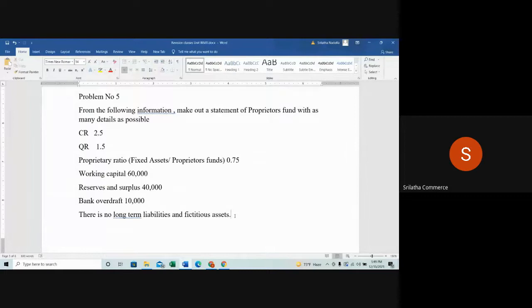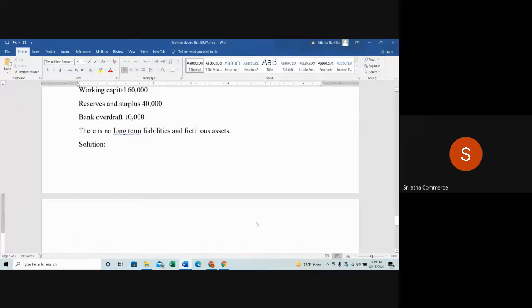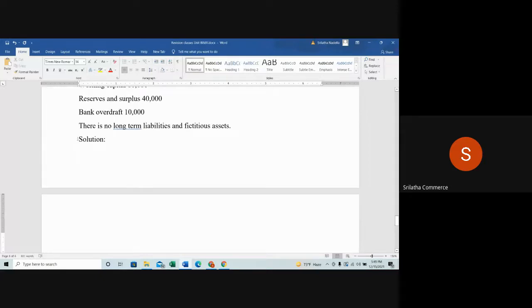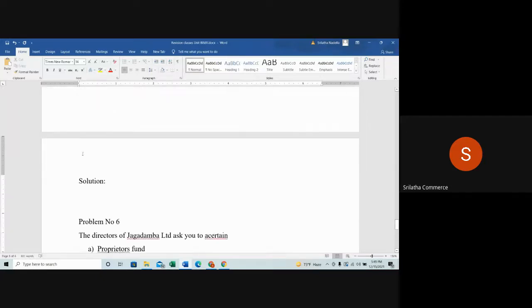But in this problem, we do not know the current assets, quick assets or current liabilities. So how can you find out current assets and current liabilities? One piece of information he had given: working capital is 60,000. With this information we can find out current assets and current liabilities.